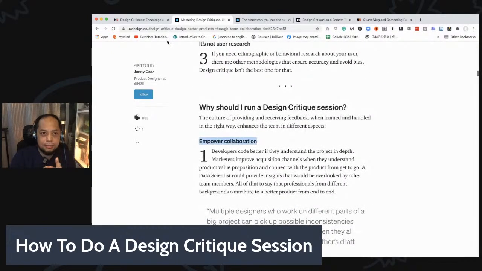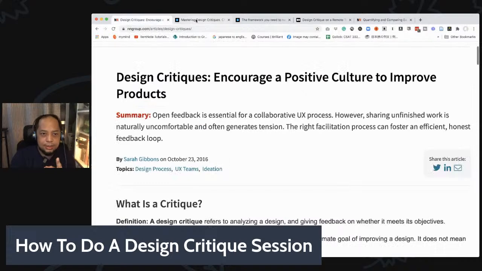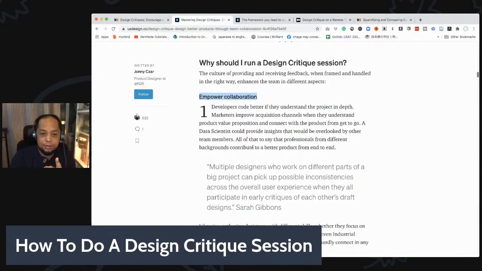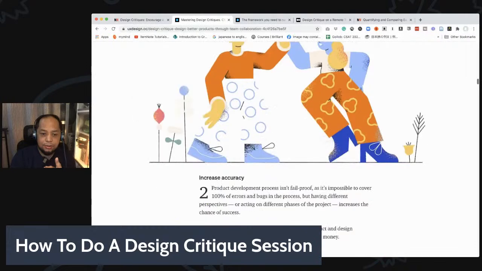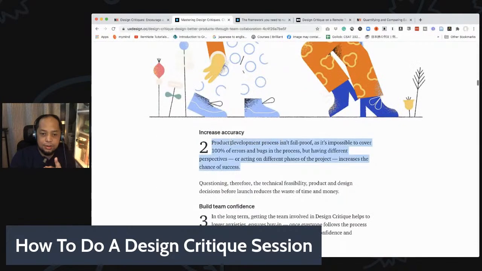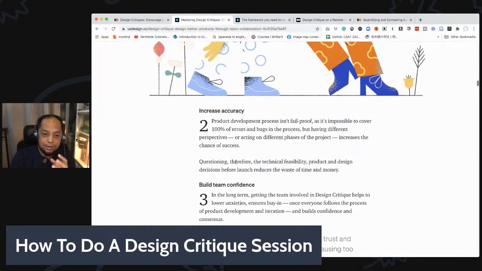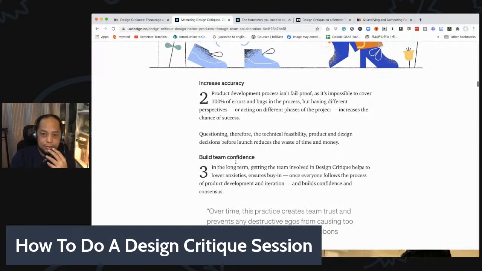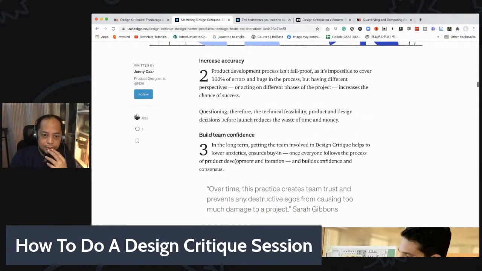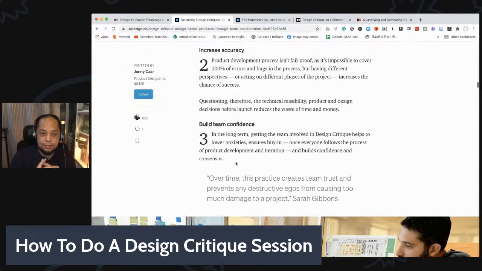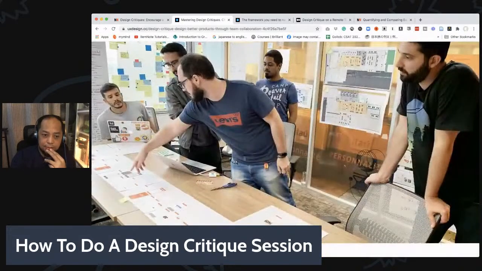This is the same as Norman Nielsen is saying: empower collaboration, have them work together, increase accuracy, increase the chance of success. Yes, having more heads agree builds team confidence. So this is a very good activity as well.